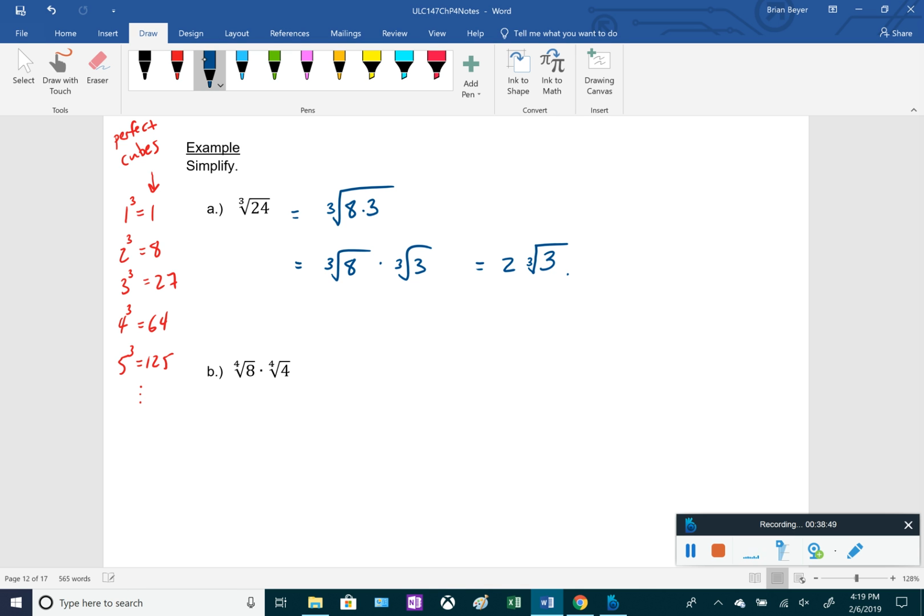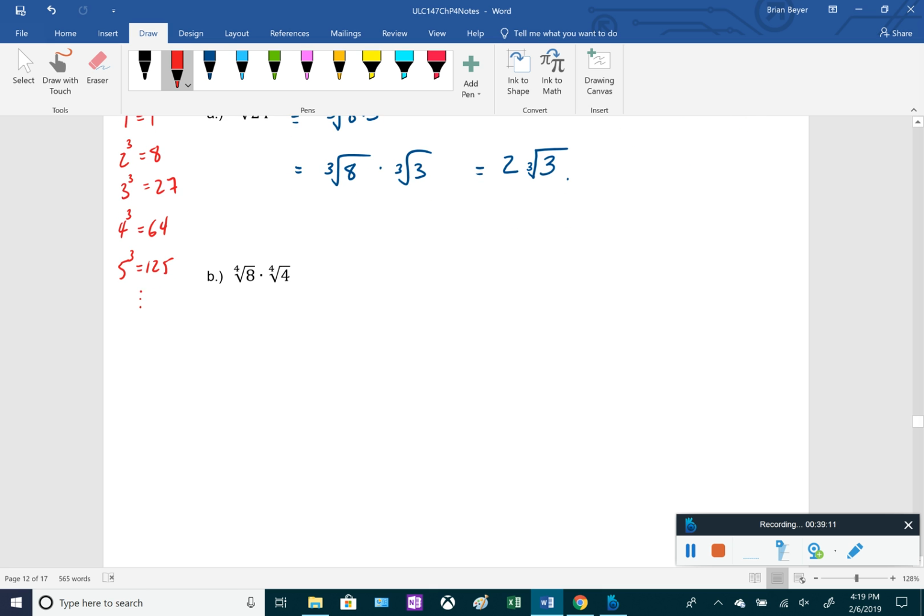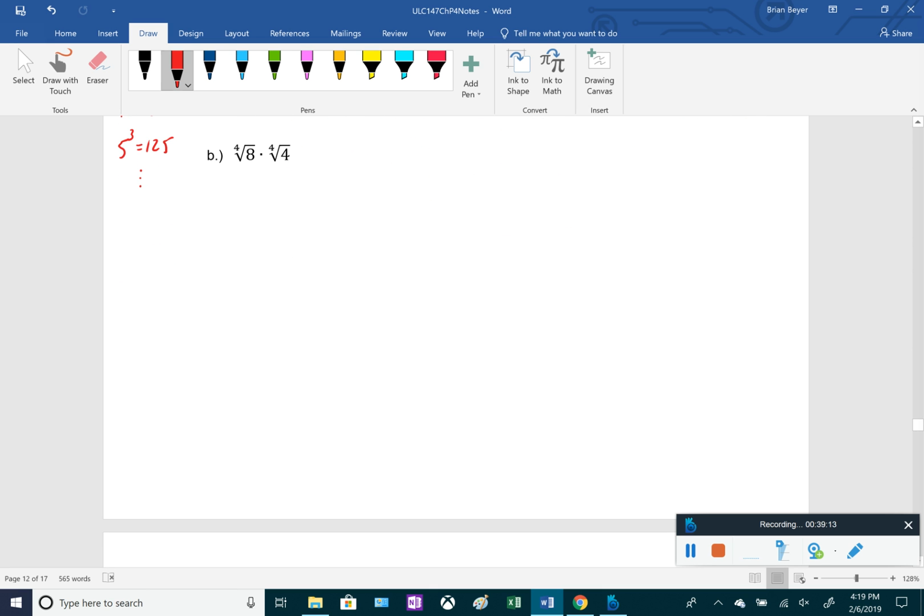So obviously it looks a lot messier here, but that's okay. So the cube root of 8 equals 2, and that is because 2 cubed equals 8. So you might have to work backwards and start cubing things to see which one equals 8. That's a pretty common one, so know that one.